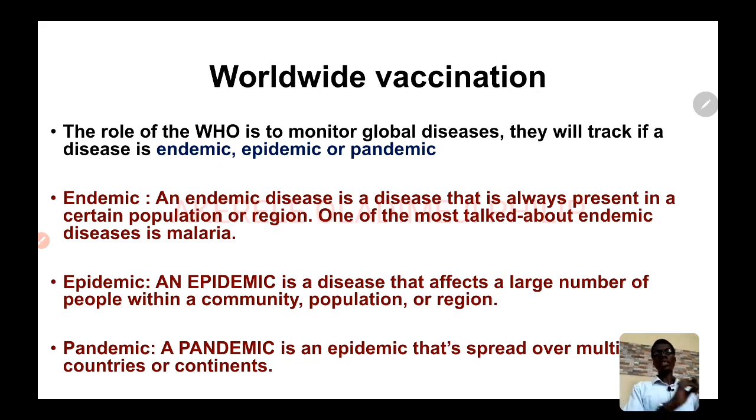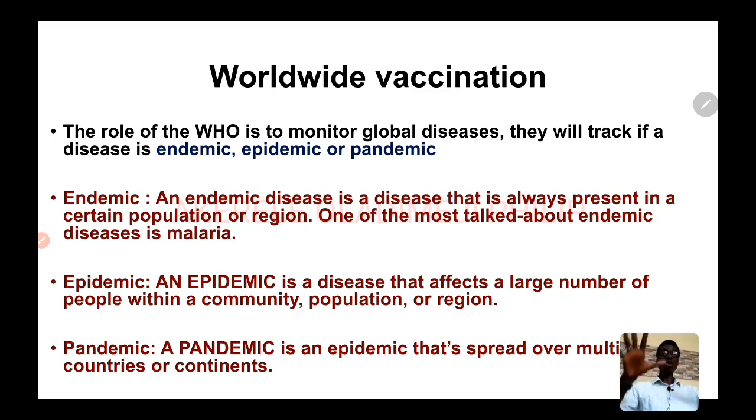Now, the next one is epidemic. An epidemic is a disease that affects a large number of people within a community. Now, listen to me. Don't say, okay, what's the difference between endemic and epidemic? Now, endemic is like it has come to stay.